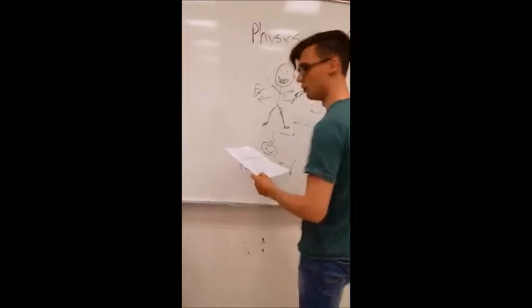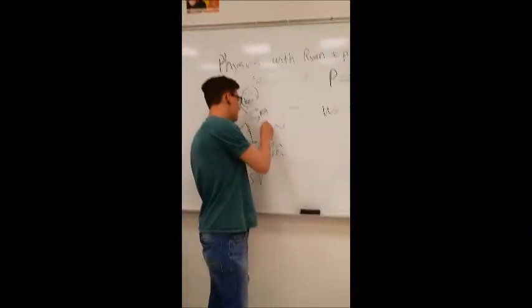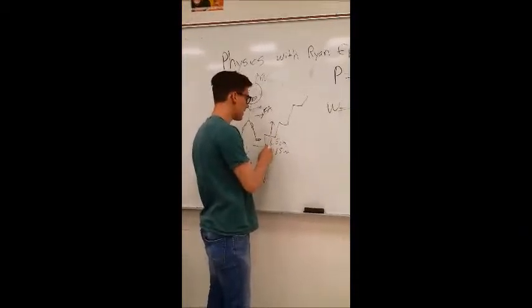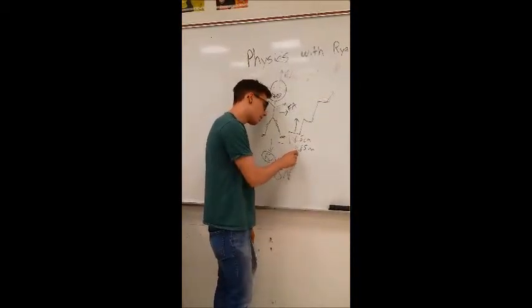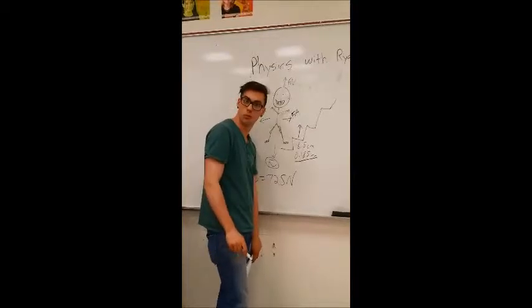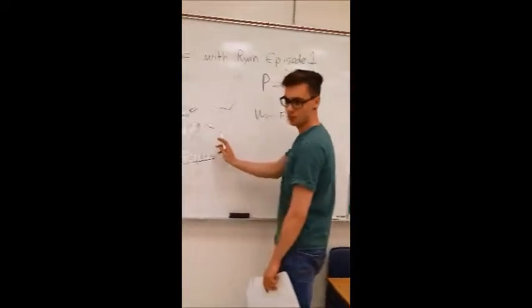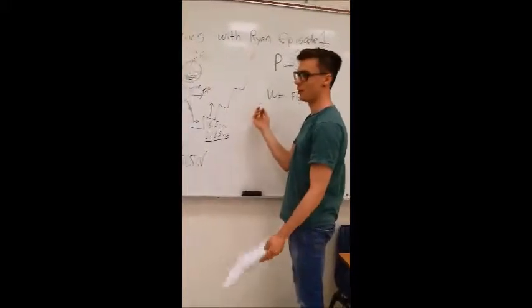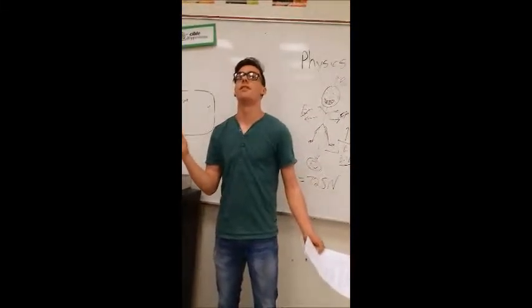725 newtons. Okay, so we found the distance of each stair to be 18.5 centimeters, which is also 0.185 meters. Wow. So now we have our distance. Oh wait, sorry. That's wrong. That's only one stair. I climbed 15 stairs.